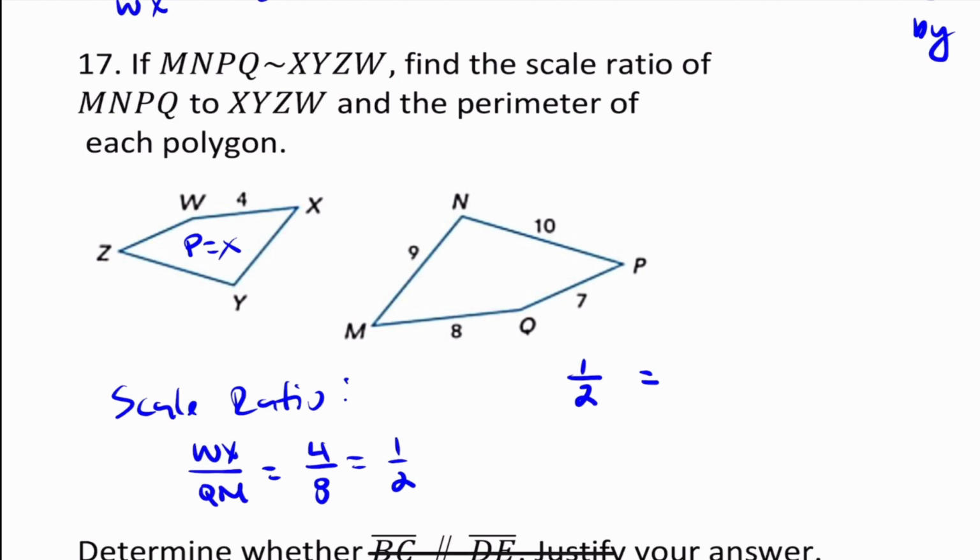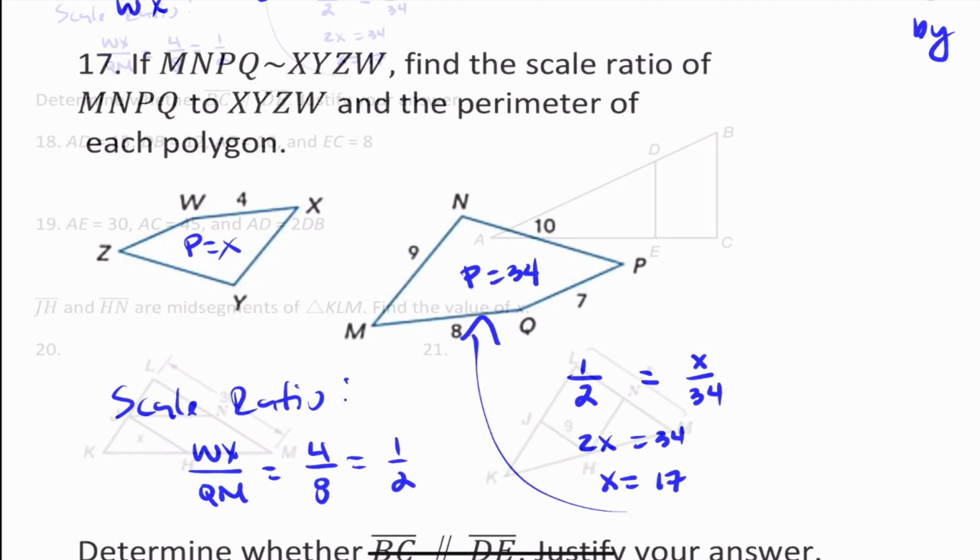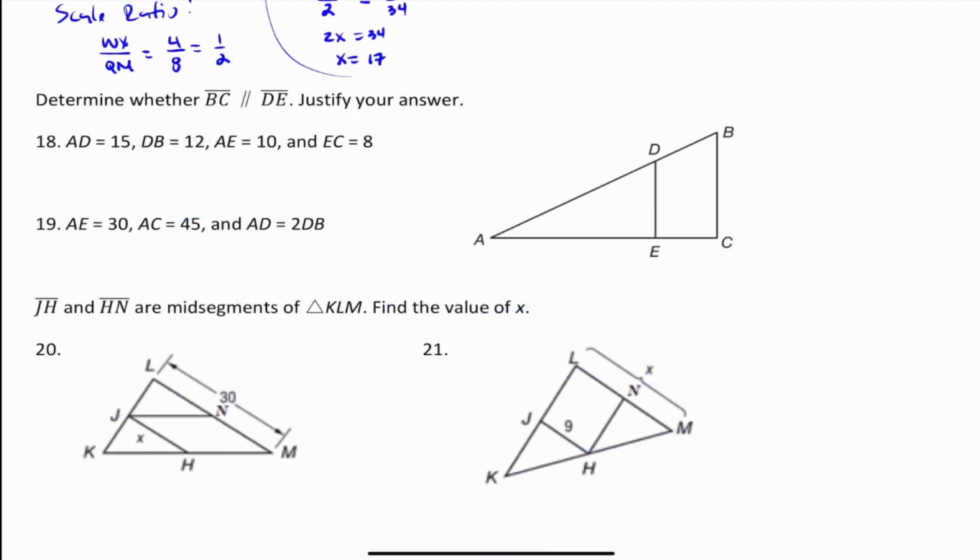Trying to figure out what the perimeter of that is, P equals 34. Great, so I can write X to 34, cross multiply. That's your perimeter.